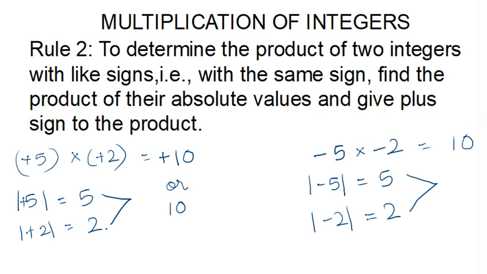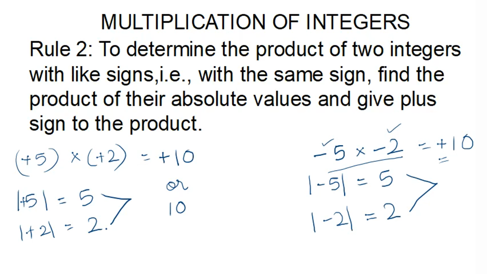And then what they have told, give a plus sign to the product. So even though they are negative integers, we will still be placing a positive sign in front of the product.